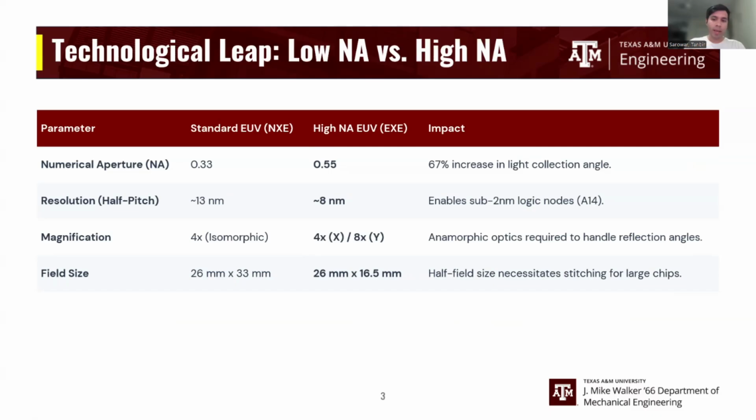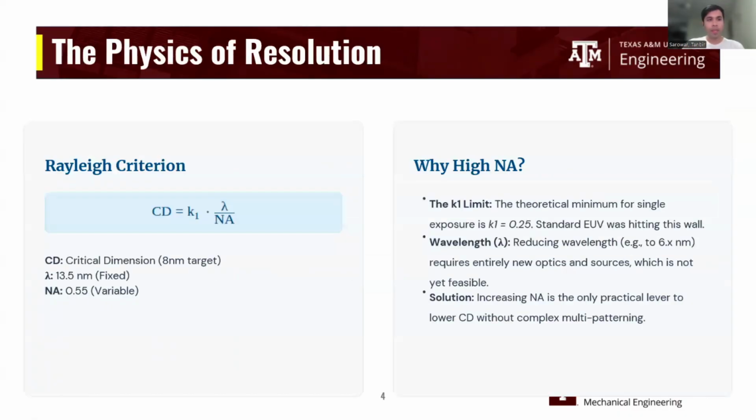In optical terms, this is a massive 67% increase in the light collection angle. This increase directly impacts our resolution, allowing us to print features with 8 nanometer half pitch or smaller. So effectively, we can push towards 2 nanometer logic nodes.